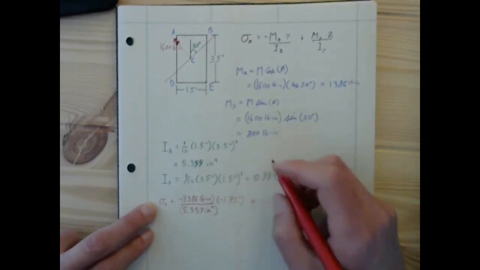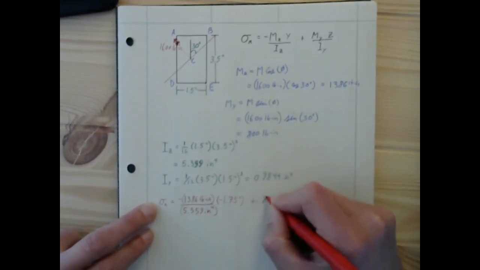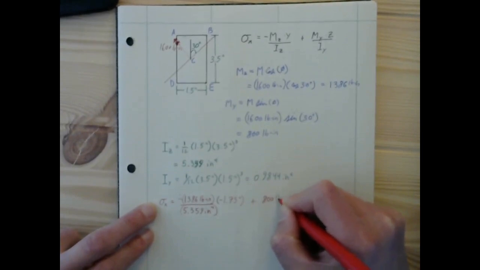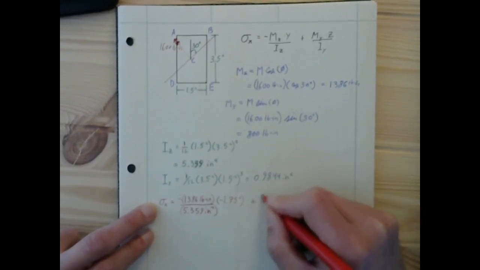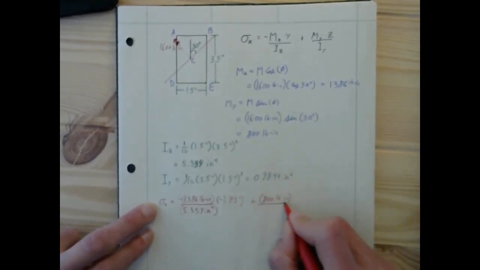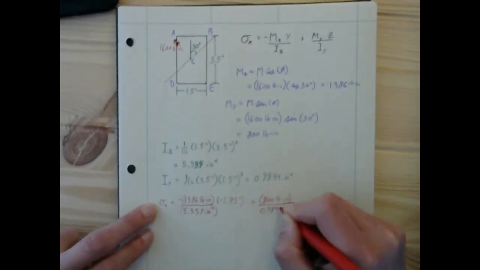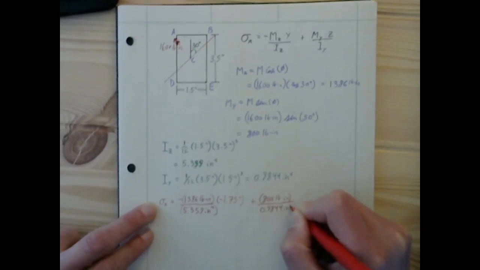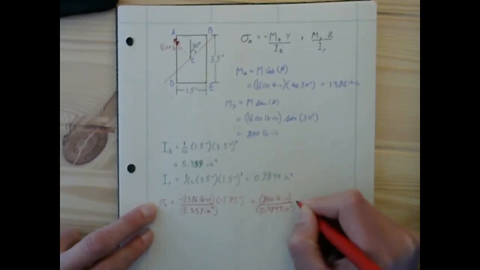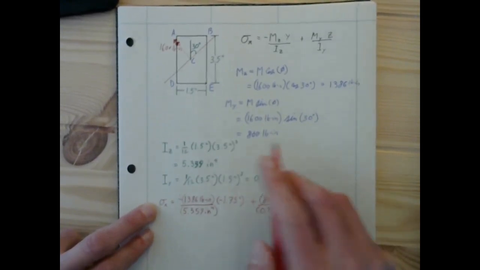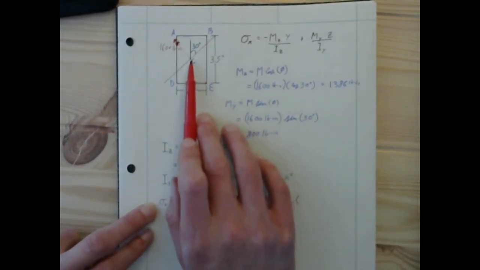plus the moment about the y-axis we said was 800 pound-inches. Divide that by 0.9844 inches to the fourth, and multiply that by our lever arm for that, which is going to be in the z direction.